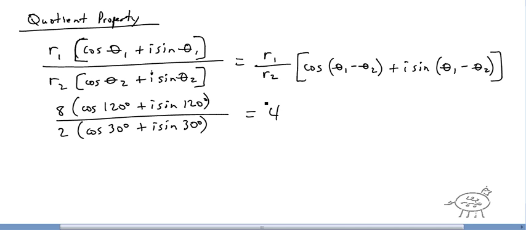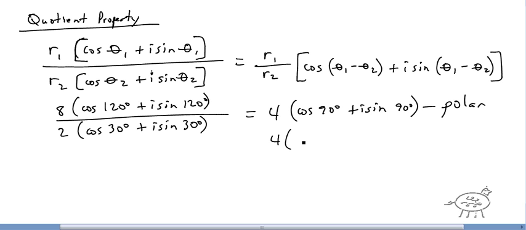And 120 minus 30 is 90. So it's 4 cosine of 90 plus i sine of 90. Okay, again, this is polar form. Rectangular form just means you figure out what cosine and sine of 90 are, and you distribute that 4. So cosine of 90 is 0, sine of 90 is 1, plus 1i, right? And then 4 times 0 is 0, 4 times i is 4i, so the answer is 4i. Very straightforward.